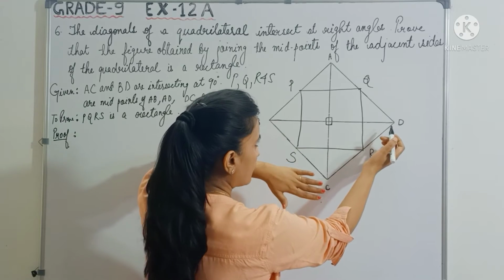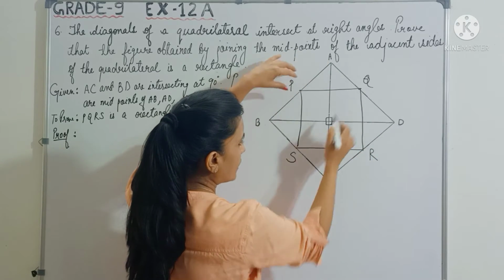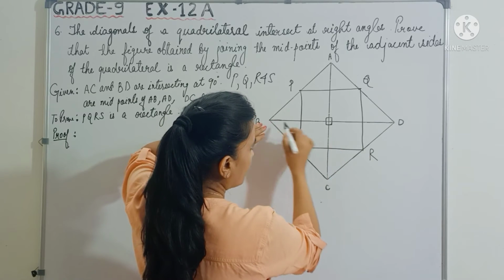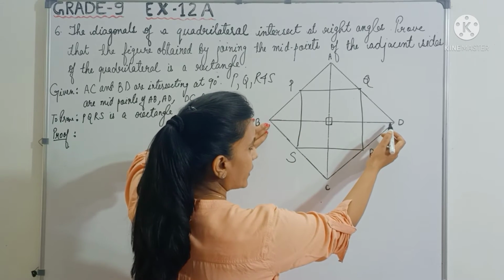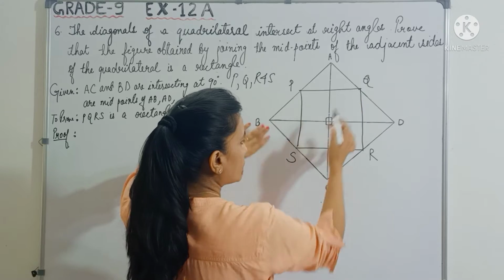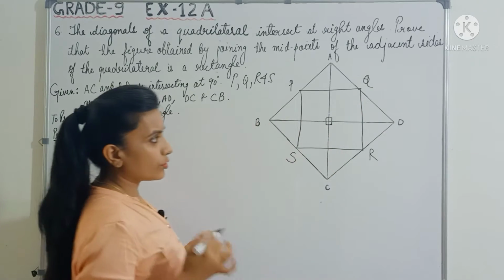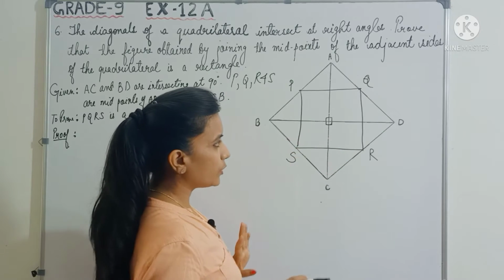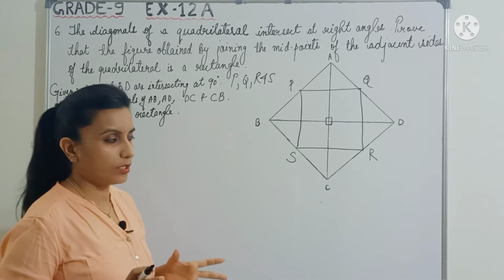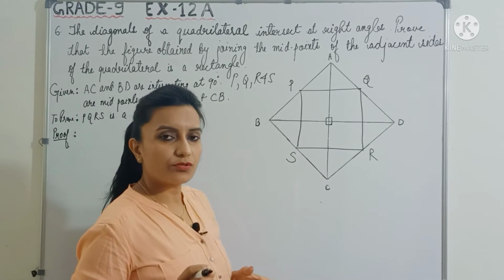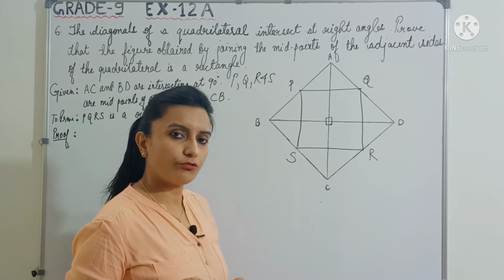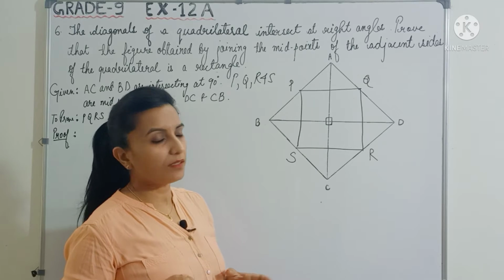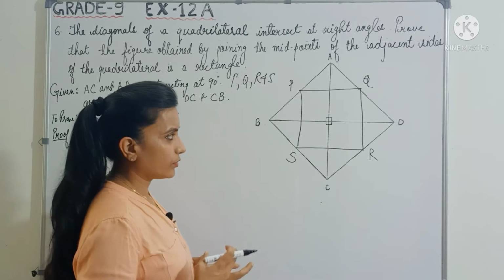Also we have shown that PQ and SR are both equal to half of BD. It means that PQ will be equal to SR. So here we have shown that PQ and SR are equal and parallel to each other. We know that in a quadrilateral, if one pair of opposite sides is equal and parallel, then it becomes a parallelogram.